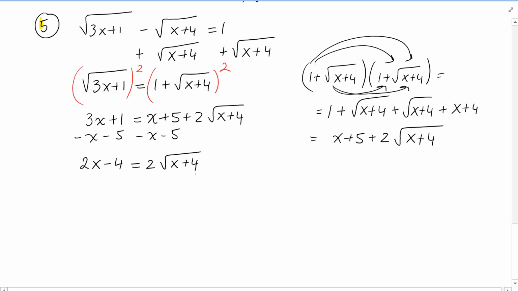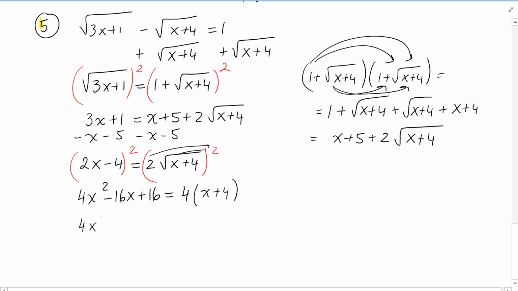Okay, so now let's square them. So I'm going to square this side and I'm going to square this one. So 2x minus 4 squared is 4x squared minus 2 times 2 times 4, 16x, plus 16 equals 2 squared is 4 and square root squared is x plus 4.